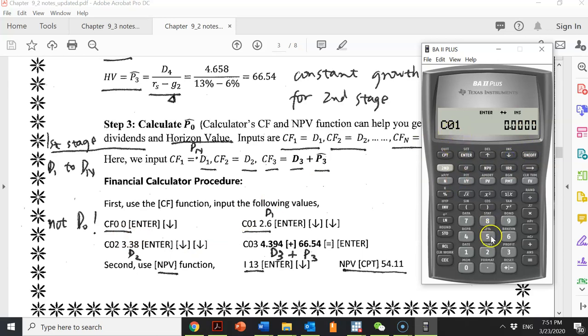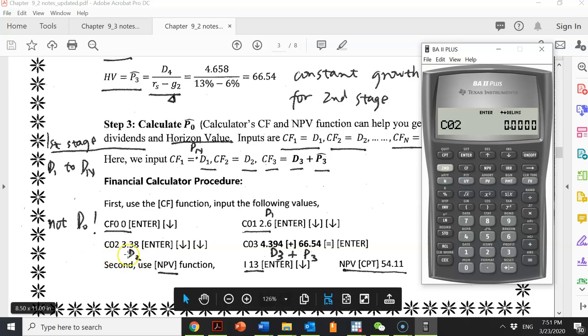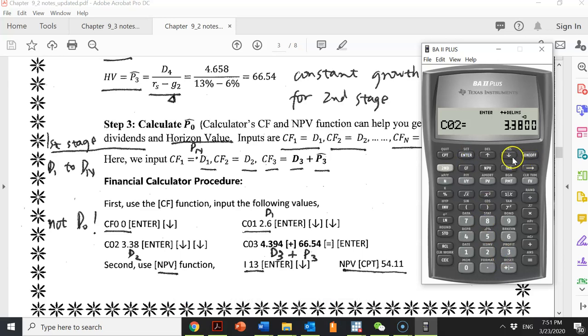For cash flow 1, we input 2.6. Enter, down button. Frequency should be 1, down button. We go to cash flow 2. It should be 3.38. Enter, down button, down button.